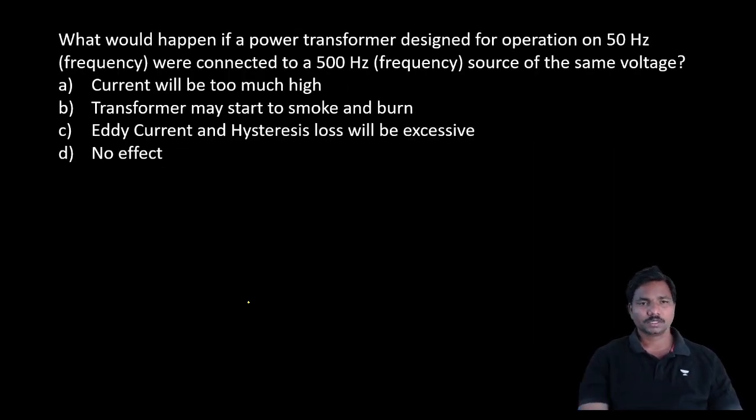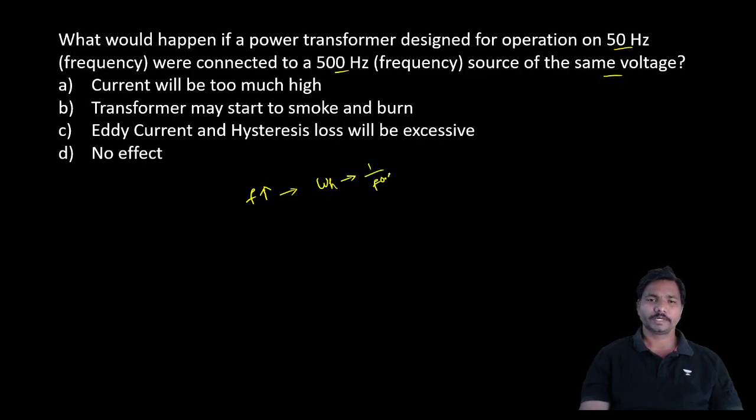Coming to the next question. What would happen if a power transformer designed for operation at 50 Hz were connected to 500 Hz of the same voltage? Whenever the frequency increases, what will happen? About the hysteresis losses, as we just discussed, inversely proportional to F to the power 0.6, frequency increases means hysteresis losses will decrease.